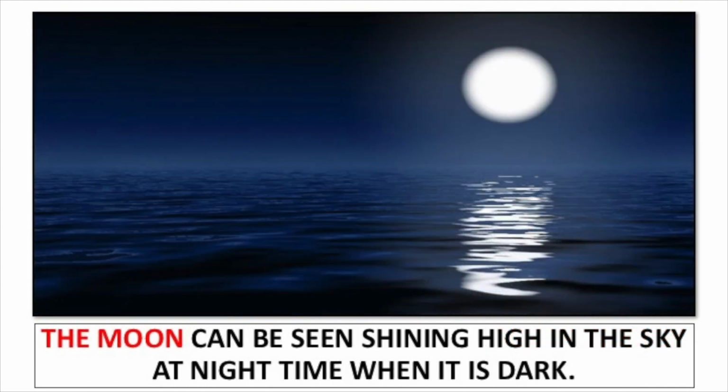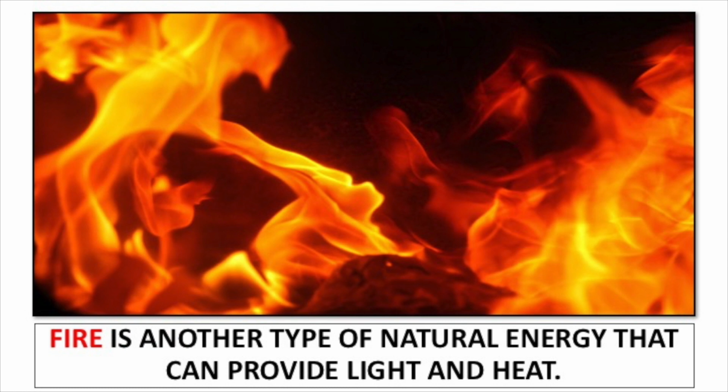The moon can be seen shining high in the sky at night time when it is dark. So therefore, the moon is a light source at night time. Fire is another type of natural energy that can provide light and heat.